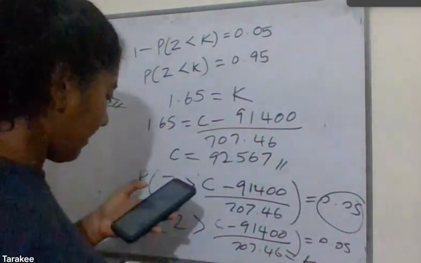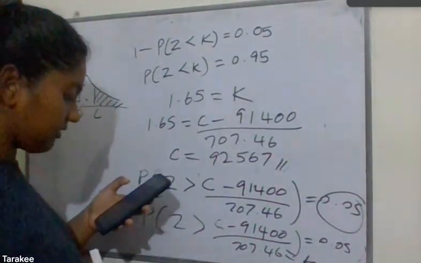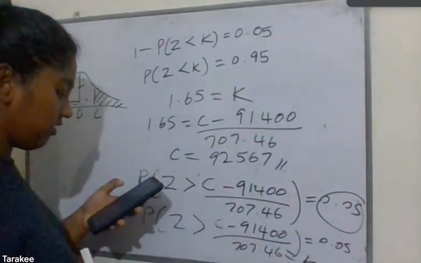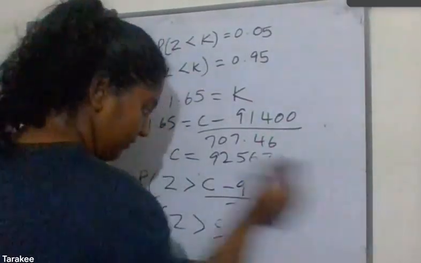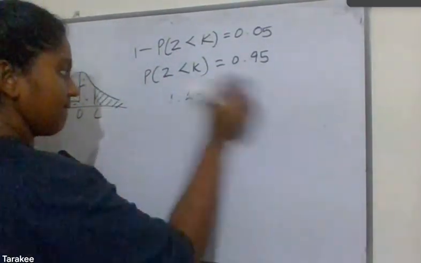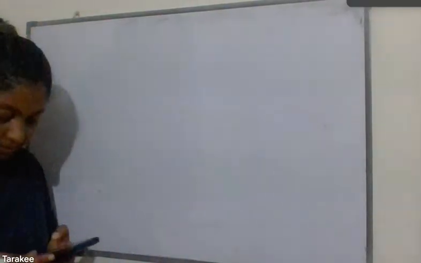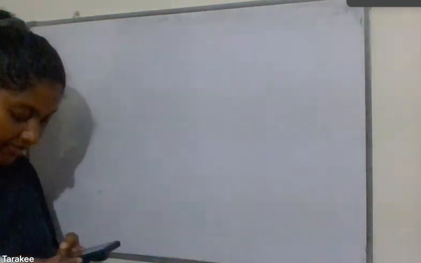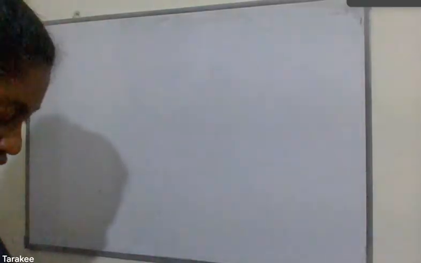Next one: eggs packed into boxes of 500. On average, 0.7% of the eggs are found to be broken when unpacked. Using a Poisson approximation, find, correct to two significant figures, the probability that in a box of 500 eggs at least two are broken.